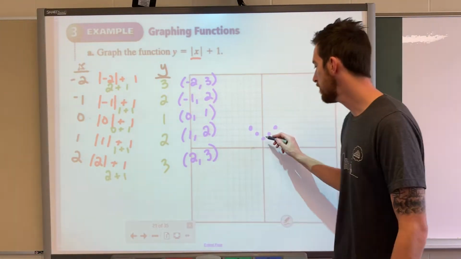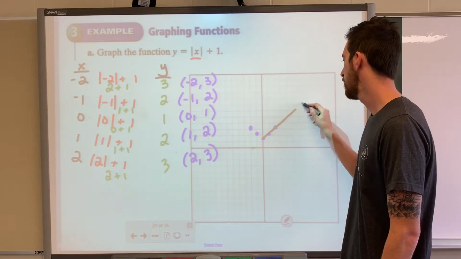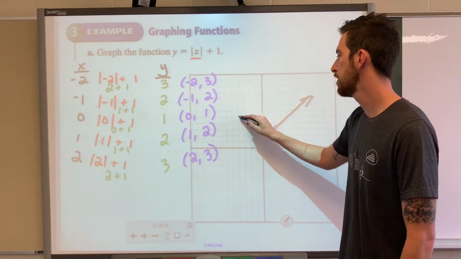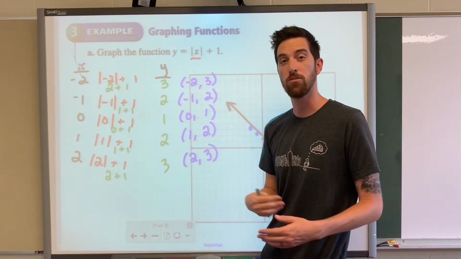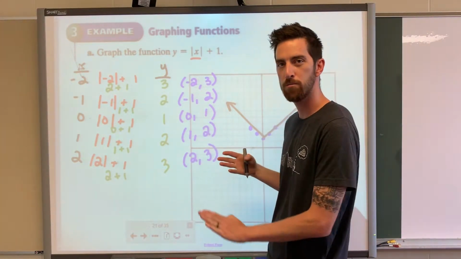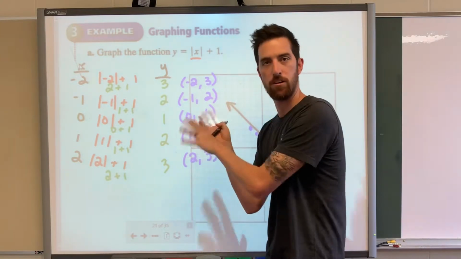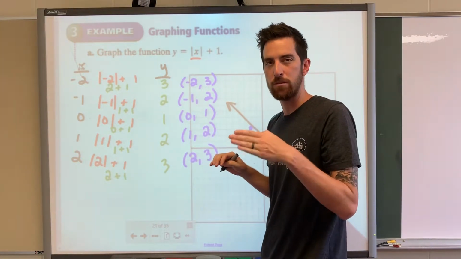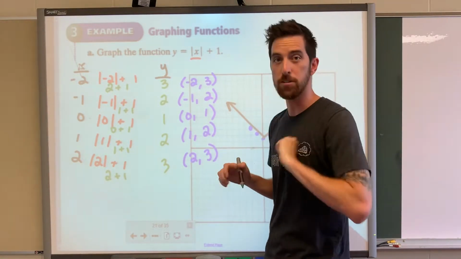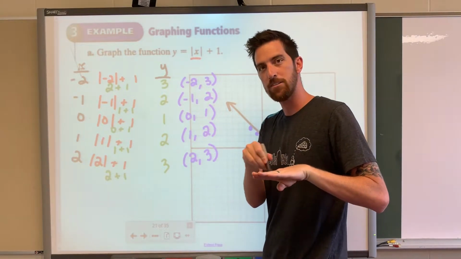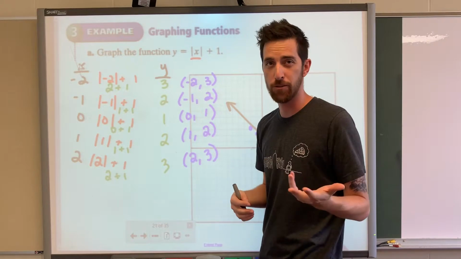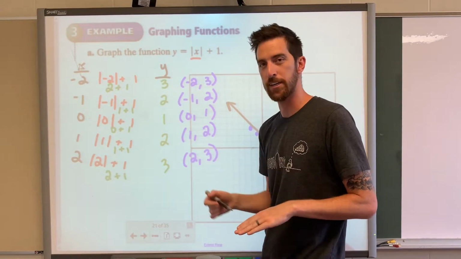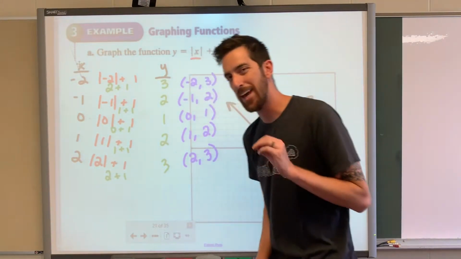Remember, take these, throw an arrow through them, indicating that it does go on forever in both directions. Now, I would love to do this with a ruler on the board, but when I do that on the board, it starts marking stuff up. But if I was doing this on a sheet of paper, like you should be doing right now, I would use the straight edge of like a folder or calculator or even a ruler, anything that has a straight edge to make a nice straight line, to make it really accurate.